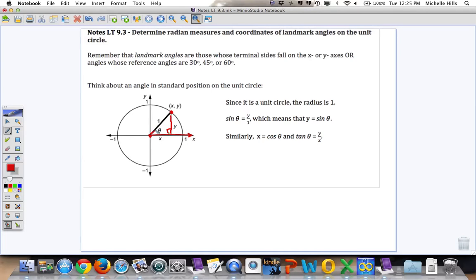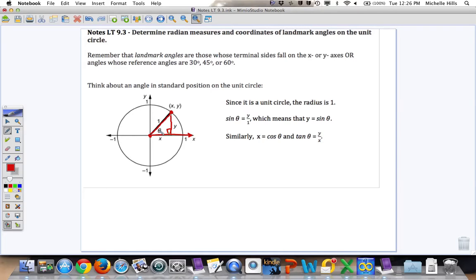That means the hypotenuse of this right triangle is 1. Since our landmark angles are either angles where the terminal side is on one of the axes itself, or where the reference angle to the x-axis is 30, 45, or 60 degrees, I end up with this. That means the sine of theta is opposite, which is y, over hypotenuse, which is 1.